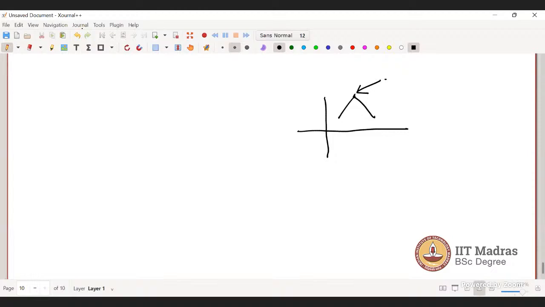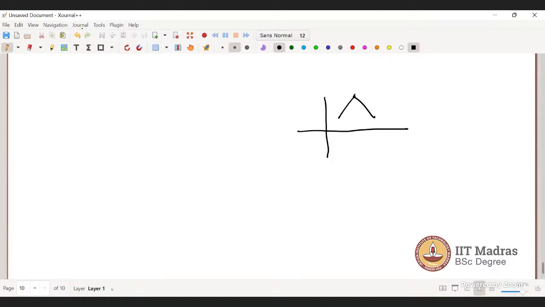Exactly, because the slope of the tangent gives you the value of the derivative of that function at that particular point. First of all, is it even a function here, if it has sharp corners?